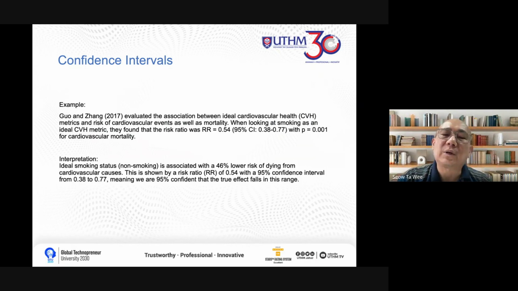This is shown by the risk ratio RR of 0.54 with a 95% confidence interval from 0.38 to 0.77. So we are 95% confident that the true effect falls in this range. They want to convince people of the study, so they use the confidence interval analysis.